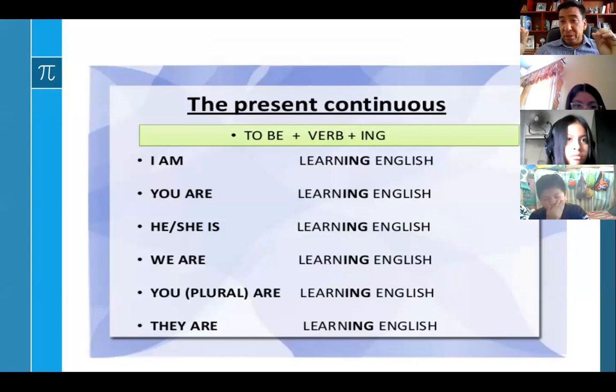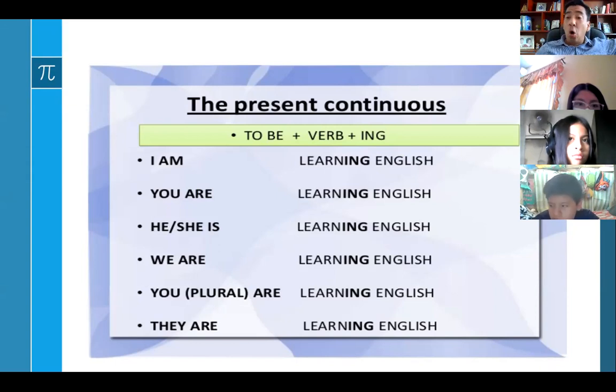Well, it's very simple. We use present continuous to express an action in progress, an action that is happening in this precise moment.